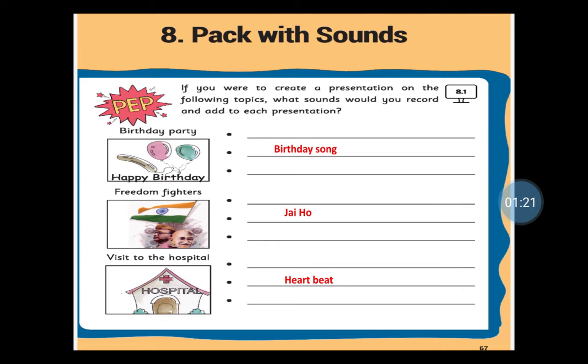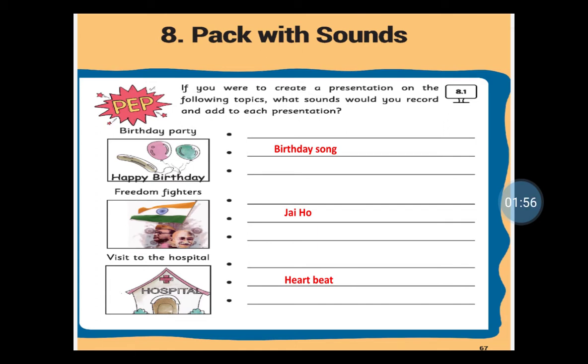Here the first one is happy birthday. This is the happy birthday image, you can see, right? The next one is some freedom fighters. The next one you can see is hospital, right? So these three are the topics. If I have given you these three topics to prepare a presentation, and after preparing the presentation I told you to add some sounds to it, then which sounds will be suitable for this presentation, that you have to write here.